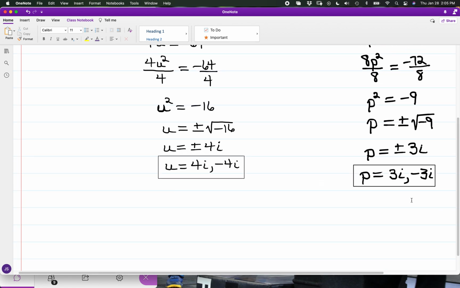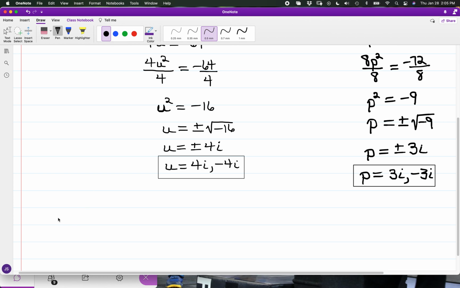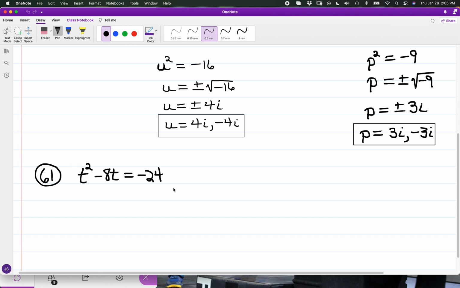Now for the next item, we're going to have two terms. This time we're looking at solving for the letter t. And in this one, number 61, we have t squared minus 8t is equal to negative 24. Looking at solving for t, I have a quadratic equation that consists of two variable terms with t squared and minus 8t.